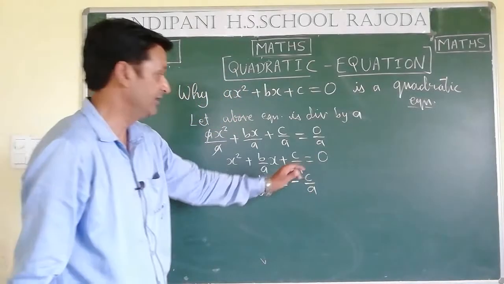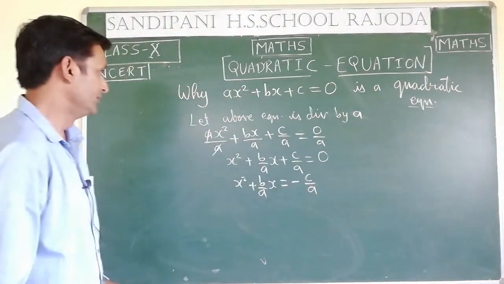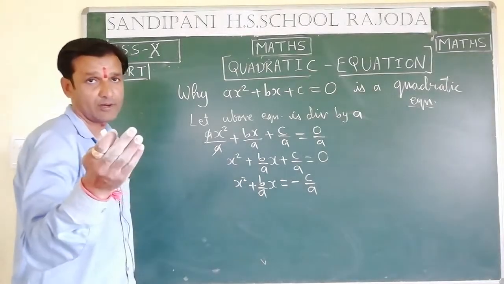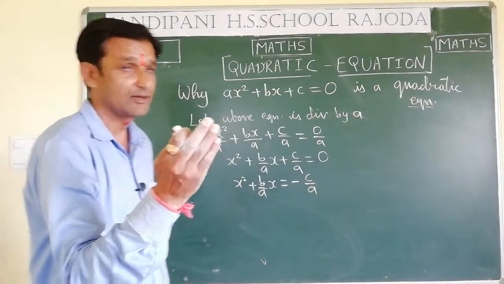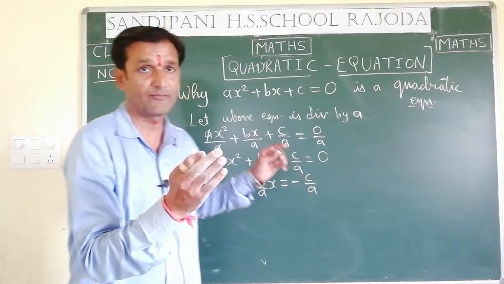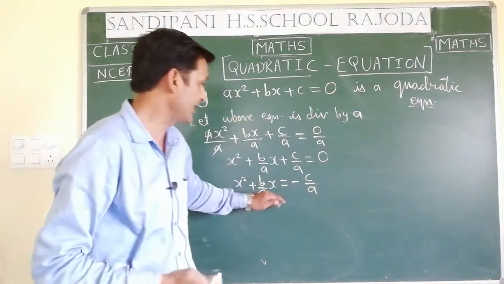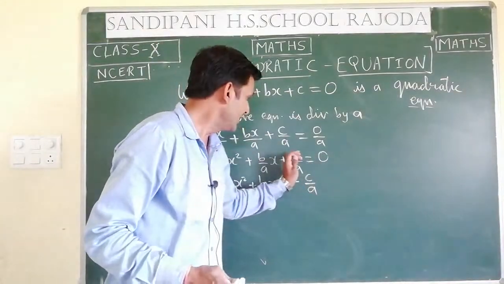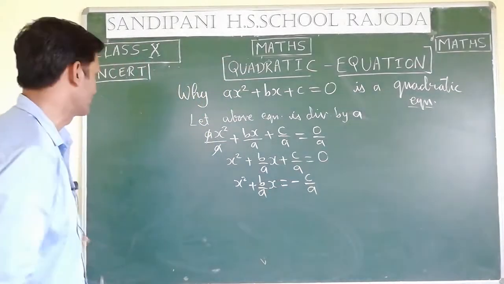This we have shifted, this constant part, that we know for completing the square method. From that part we can assign the constant value in RHS of the given equation.